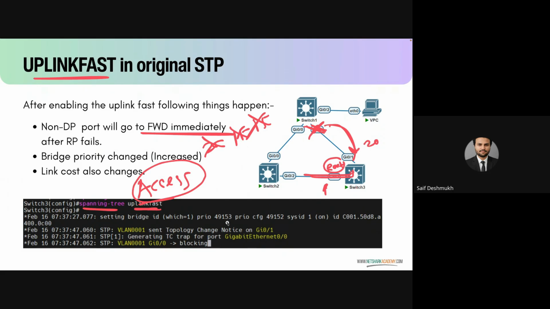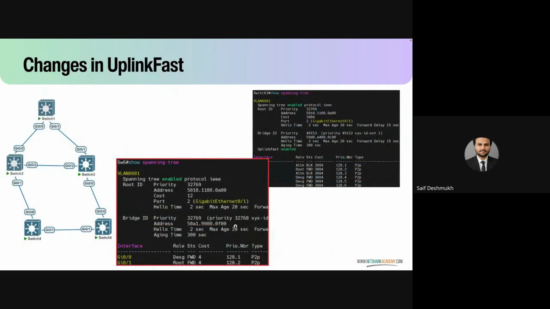It will also increase the priority from 32,768 to 49,152. It's saying I'm an official access-layer switch now, please don't even consider me in any kind of elections. So the bridge priority is going to be increased. That's one. Link cost is also going to be changed. Look at this, guys.